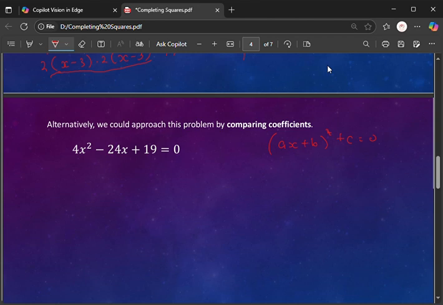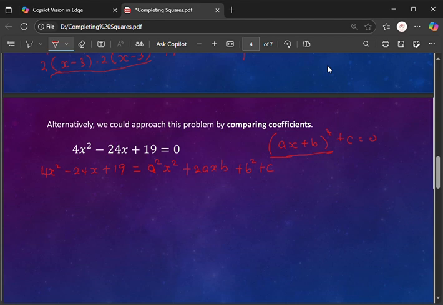Okay, let's do that. So now we have 4x squared minus 24x plus 19 equals, and let's expand this immediately. So expanding it will be a squared x squared plus 2axb plus b squared plus c. Does that make sense, class? Hope it does.